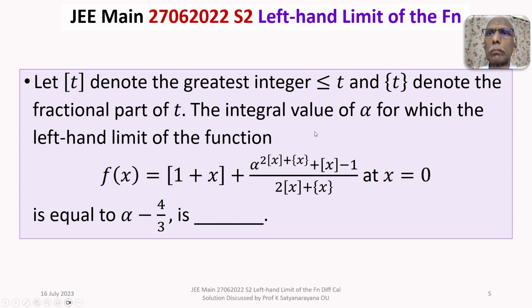and we are now given a function. This is your function involving [x] and {x}. We want to find the integral value of this alpha, which appears in this function, for which the left-hand limit of this function at x equal to 0 is given to be alpha minus 4 by 3.